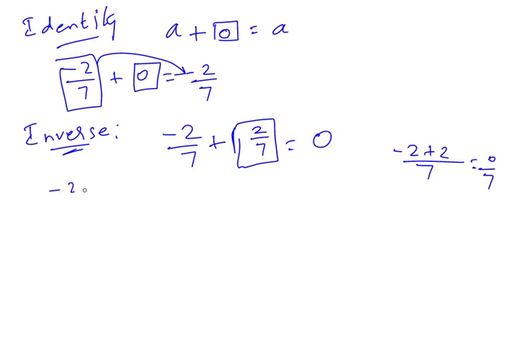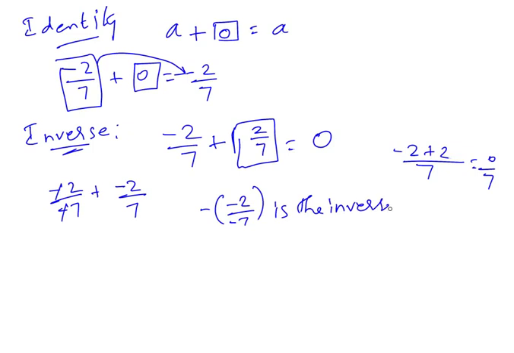Suppose it is minus 2 by minus 7. For this, what is the inverse? These two signs themselves will get cancelled, so we have to put one more sign. So, these two signs are cancelling. Minus 2 by 7, that means minus of minus 2 by minus 7 is the inverse of minus 2 by minus 7.